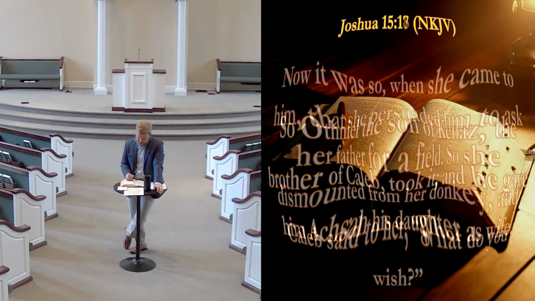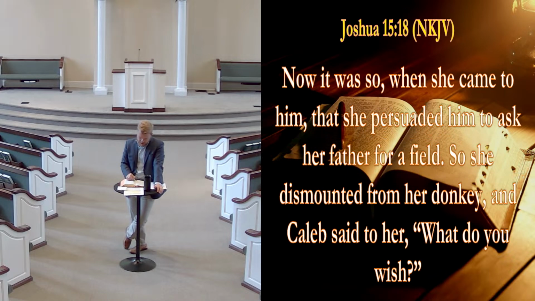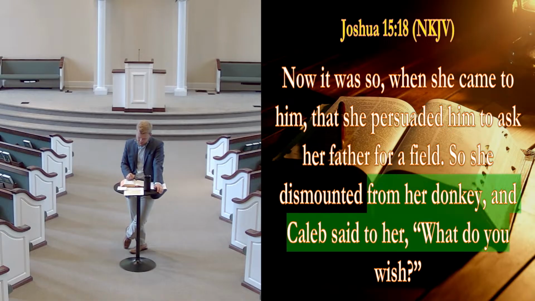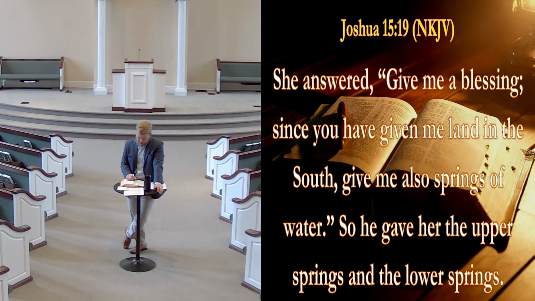Verse 18, and it was so when she came to him that she persuaded him to ask her father for a field. So she dismounted from her donkey, and Caleb said to her, what do you wish? She answered, give me a blessing, since you have given me land in the south. Give me also springs of water. So he gave her the upper springs and the lower springs.